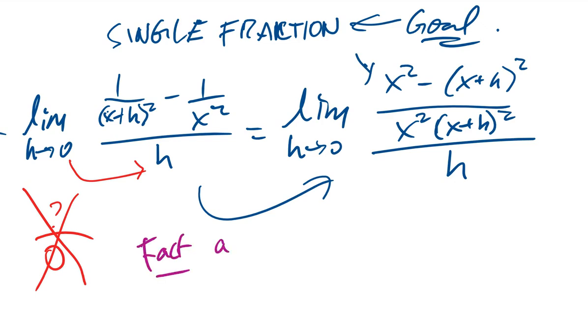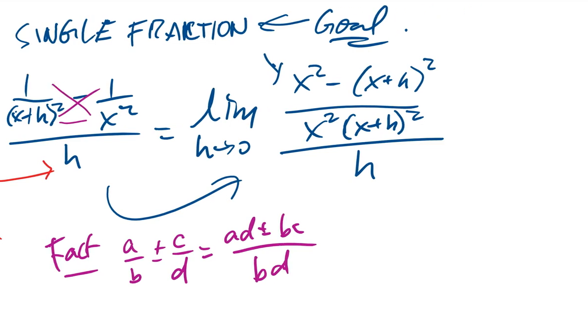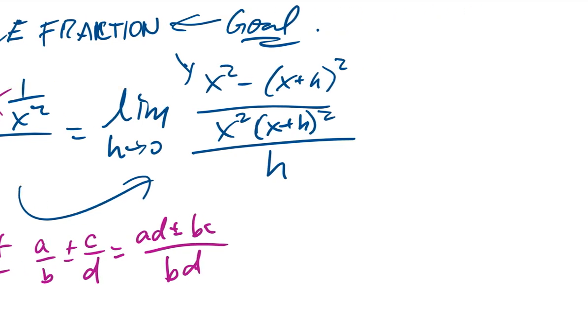I encourage you to analyze this: a over b plus or minus c over d is equal to ad plus or minus bc all over bd. So I just cross multiplied, and then I multiplied the bottoms. All right, so just test that if you want.